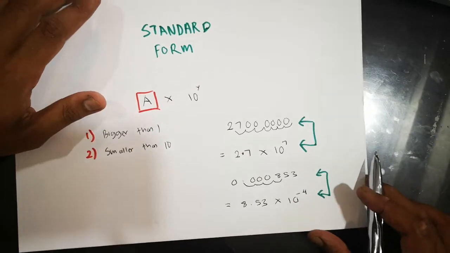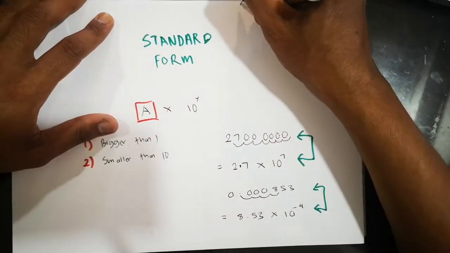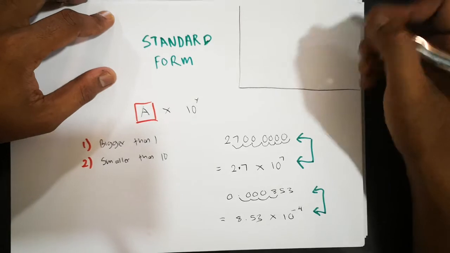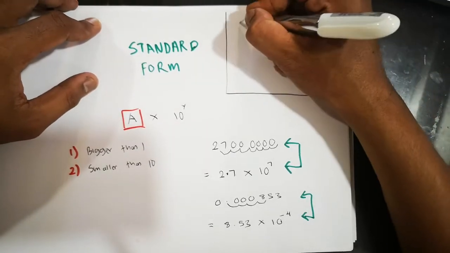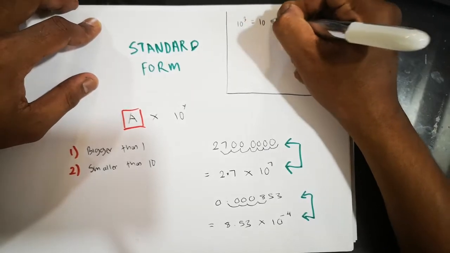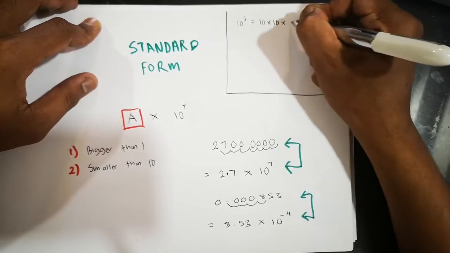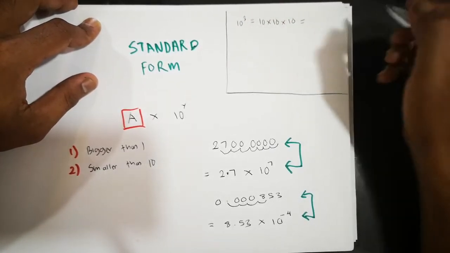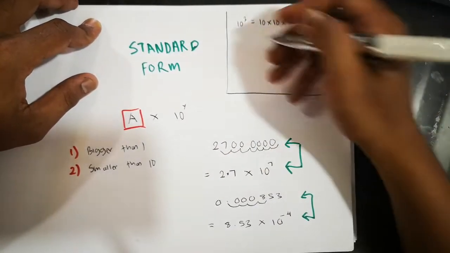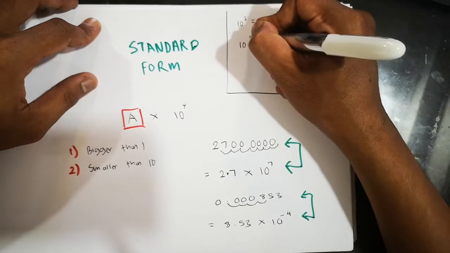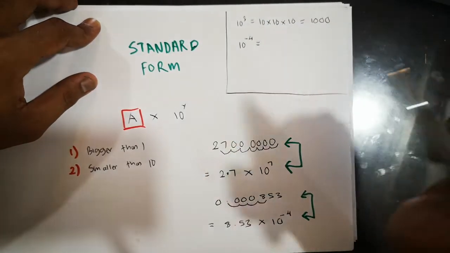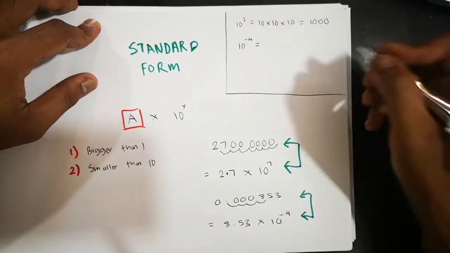Okay, in case all of you forget, I will recap on the power part. 10 to the power of 3 is actually 10 multiplied by 10 multiplied by 10, which is 1000. Okay, the number becomes bigger. How about 10 to the power of negative 4? 10 to the power of negative 4 means moving backwards 4 times, right?